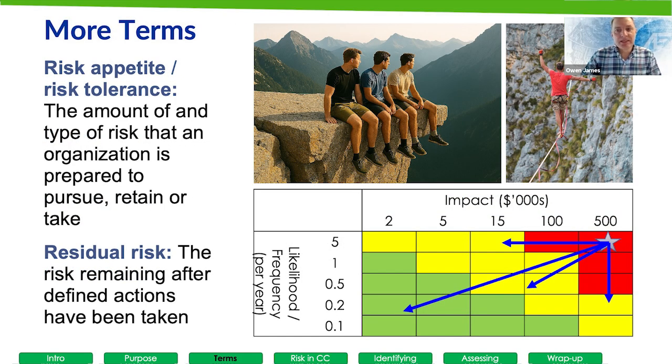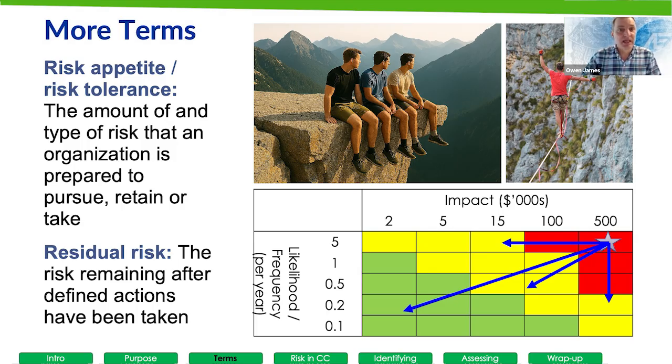So a couple of other key terms. I'm not sure that I saw them in the chat window, but I want to mention briefly risk appetite and risk tolerance. So they're somewhat similar terms and similar definitions. So if you look at the people sat on the rock there, their risk appetite or risk tolerance is quite high.